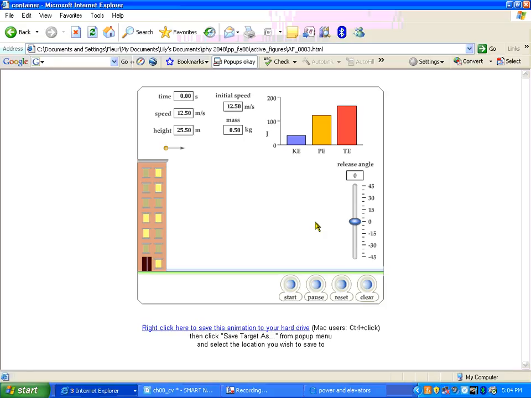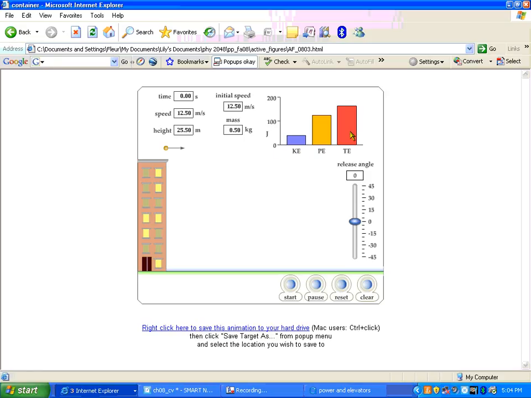What we're going to look for here is the final speed and therefore kinetic energy. Note that the ball starts out with some kinetic energy because its initial speed is 12.5 meters per second. It also has potential energy because it is at some height, 25.5 meters above the ground, so its total energy is kinetic plus potential.